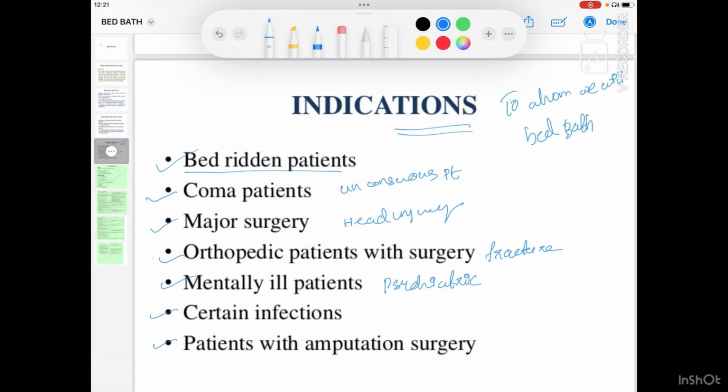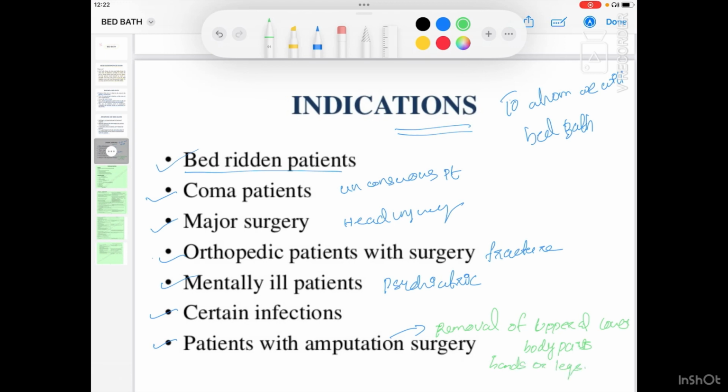Patient with amputation. What do you mean by amputation? Have you ever heard about amputation? It is the removal of body parts, upper and lower body parts, that is the hands or legs.